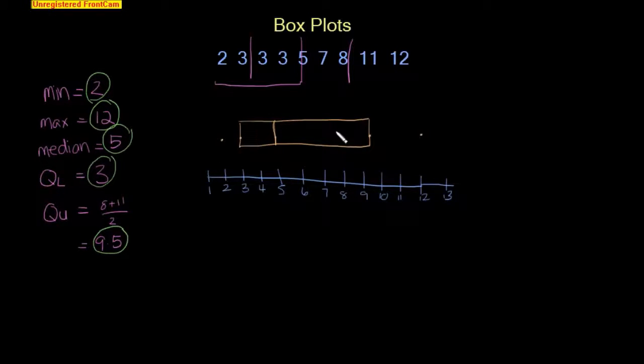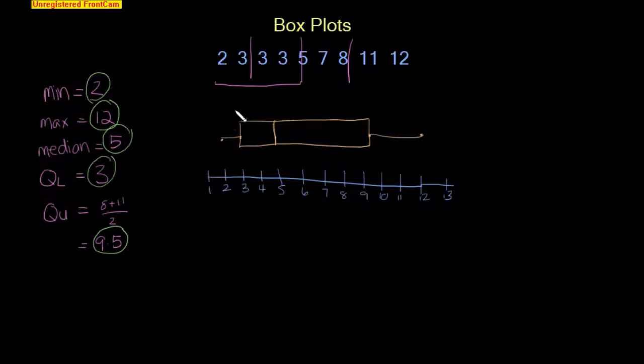And the rest of it is just the whisker part. You might have heard box plots called box and whisker plots. The whisker represents the outlying values. This middle bit, the box, represents the portion in which 50% of the values lie.